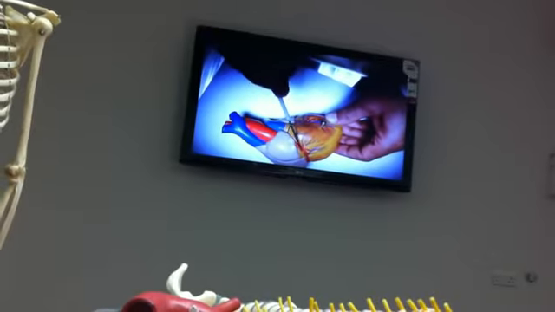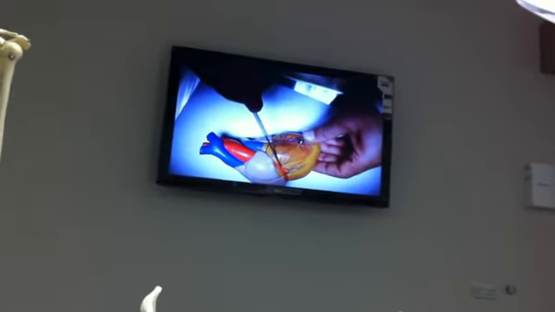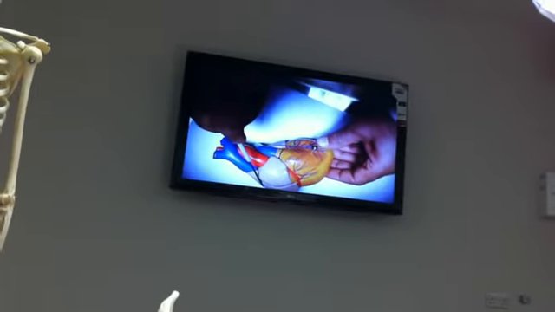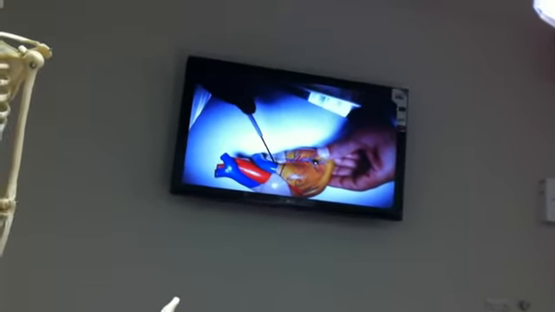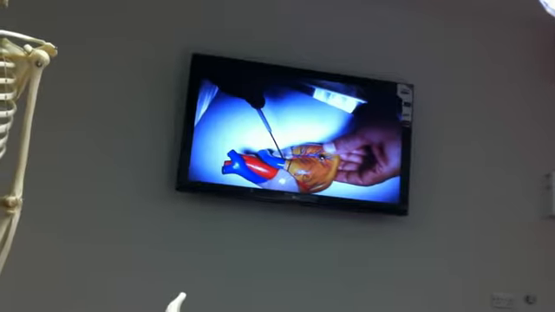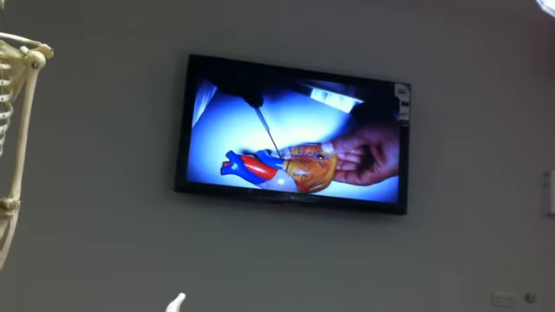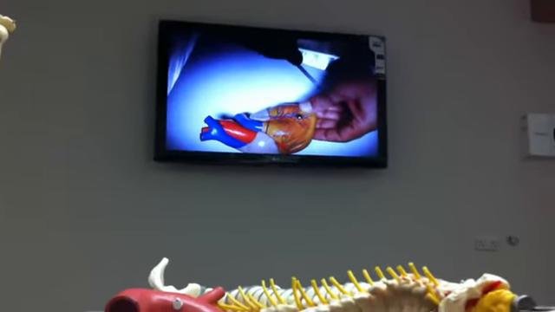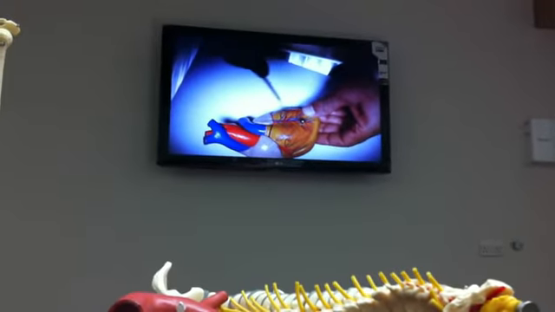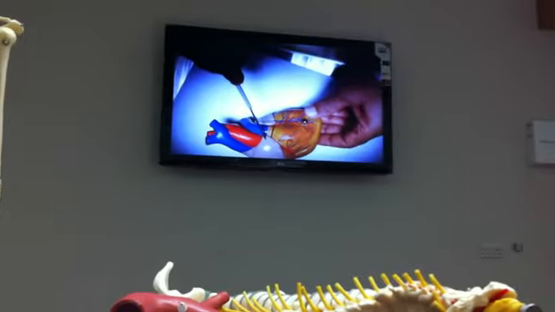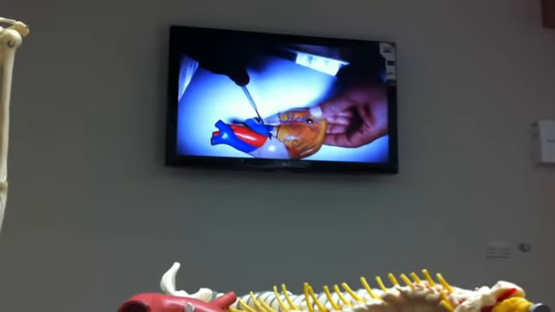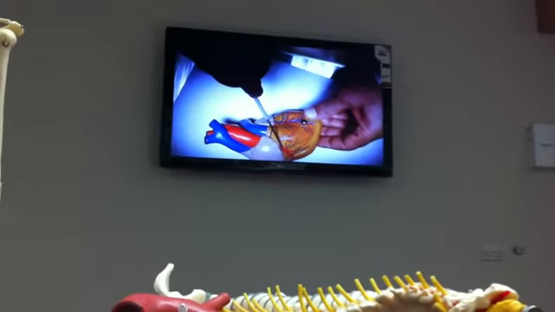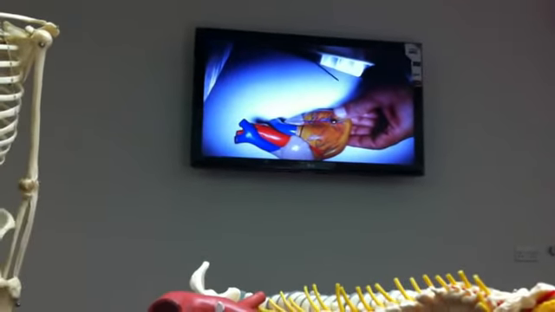This is called the coronary sulcus. A small part from the right atrium surrounds this. This is the pulmonary trunk. On the right side of the pulmonary trunk, there is the right auricle, and this is the right coronary artery.